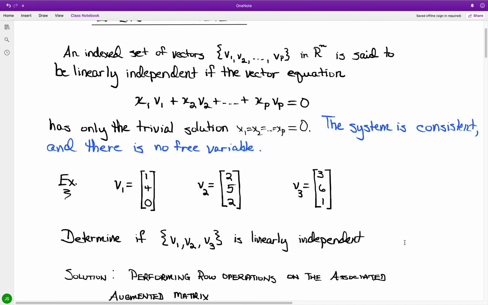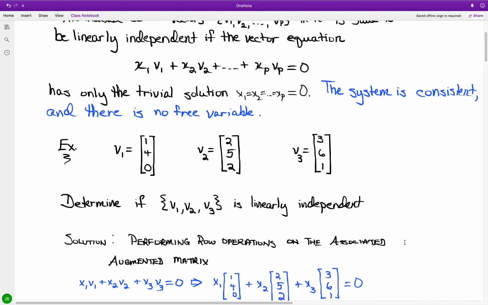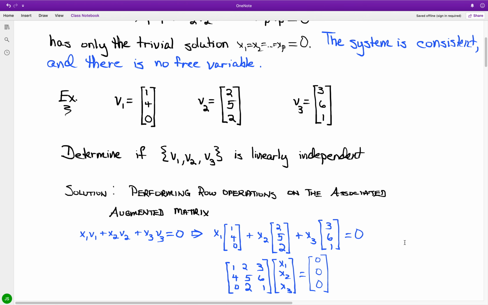Applying what we have here, we perform row operations on the associated augmented matrix. Just a little bit of a segue: again, we have the vector equation x1 v1 plus x2 v2 plus x3 v3 is equal to 0, and we translate this to the matrix equation.